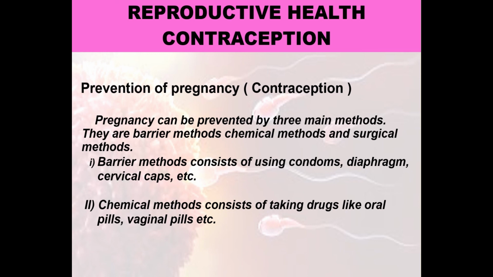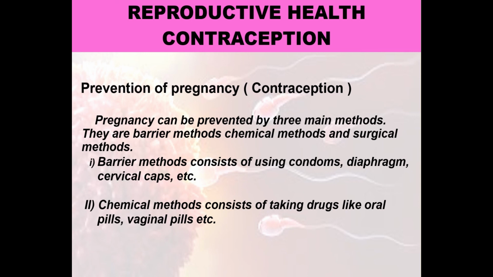The best way to control the population explosion is the use of contraceptives. By the use of contraceptives, unwanted pregnancy can be avoided. So the three main methods that we are going to study are the barrier method, chemical method, and surgical method.